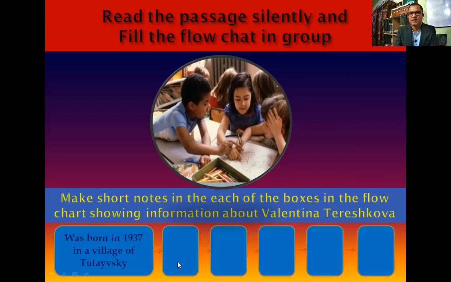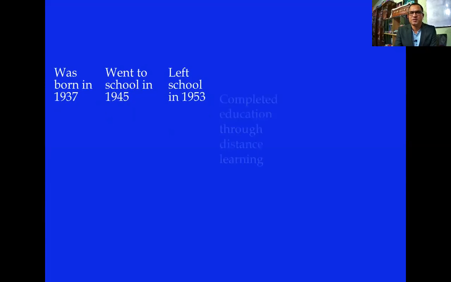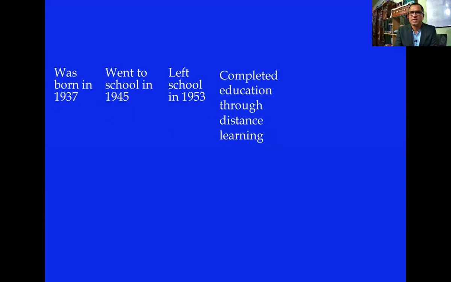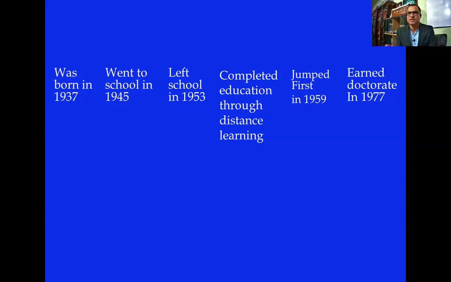Now the answer would be: the first one is was born in 1937, went to school in 1945, then left school in 1953, then completed education through distance learning, then jumped first in 1959, and the last one, earned doctorate in 1977.